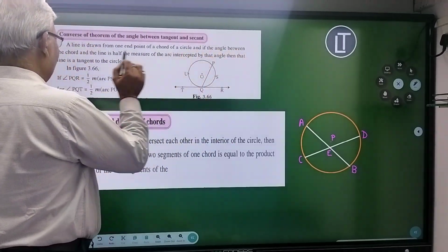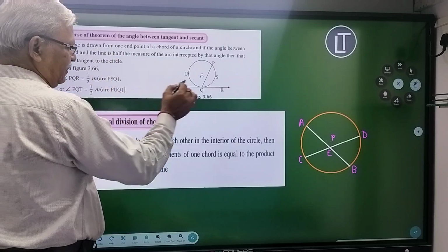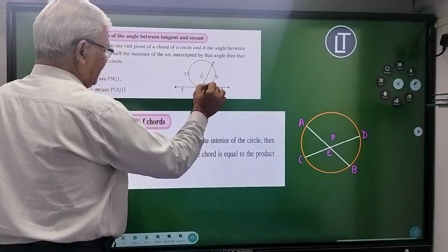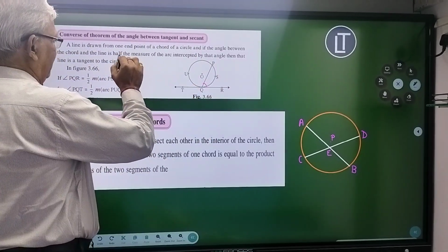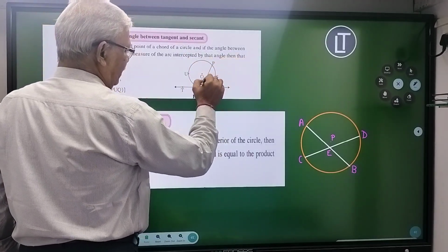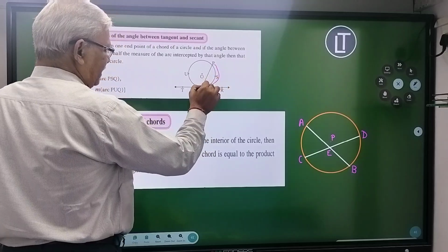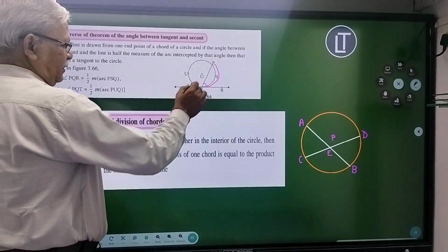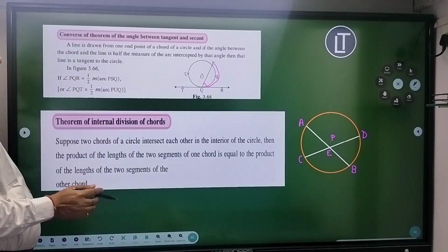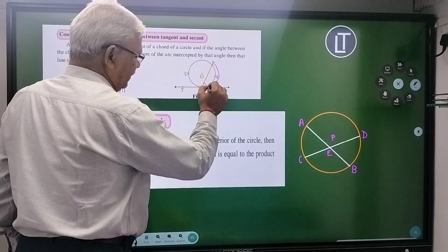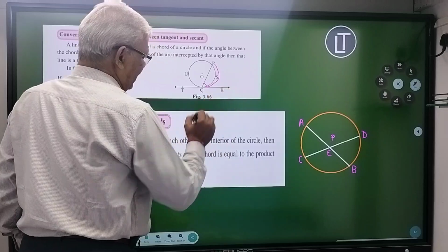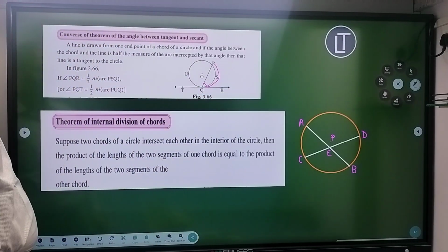And if the angle between the chord and the line is half the measure of the arc intercepted by the angle, this angle is half of this arc PSQ, then that line is tangent to the circle. Then if this angle is half of this arc, then this line, TR or QR, is the tangent.